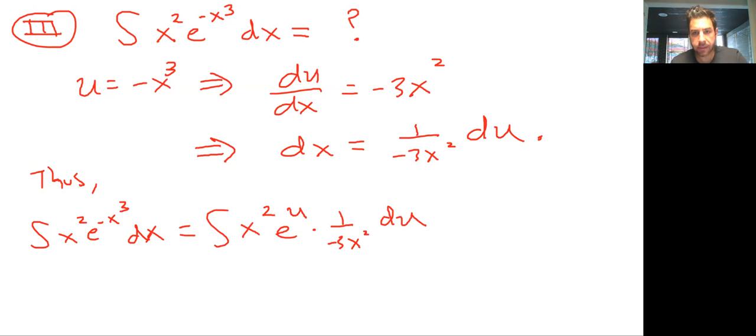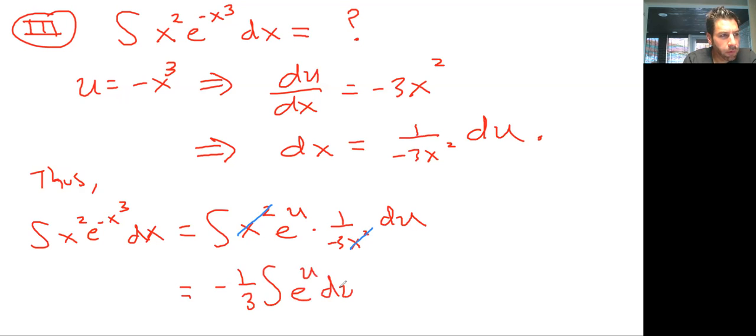But remember, those x's technically aren't going to be there because they cancel out. And so if we pull out the constant, which we know is legal, the integral we're left with is just this.